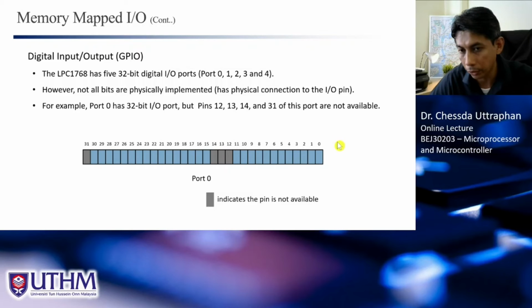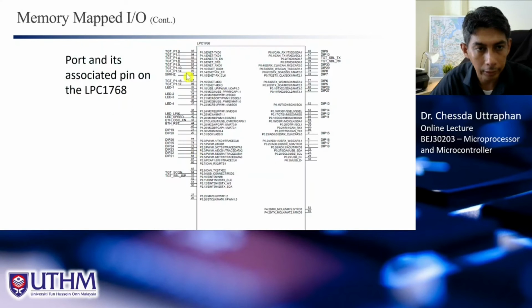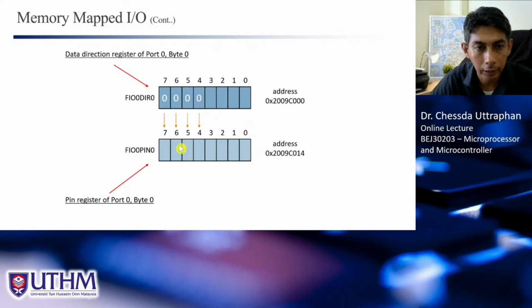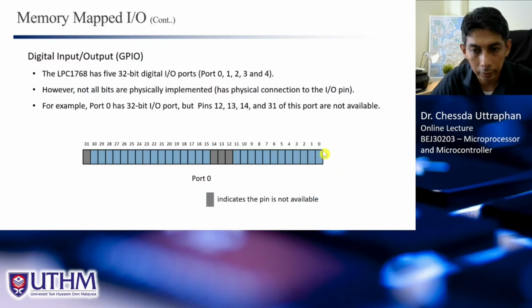For example, if I can show you here, this is your microcontroller, and this is an IO pin. Each pin is connected to each bit of the port here. This is bit number 0, bit number 1, until bit number 31, and all of these are 32 bits.